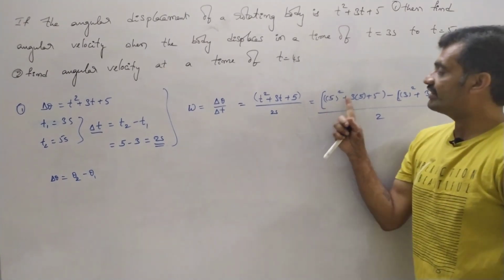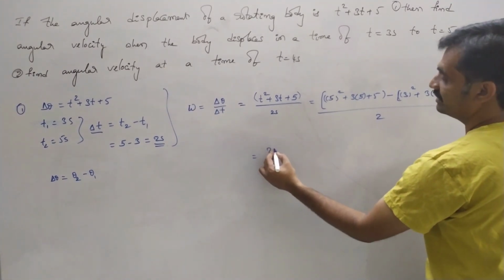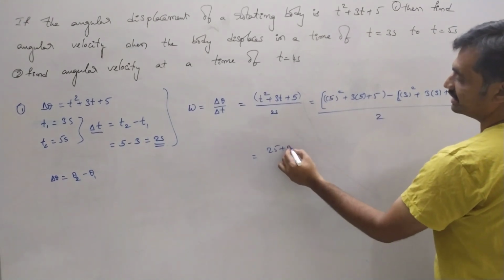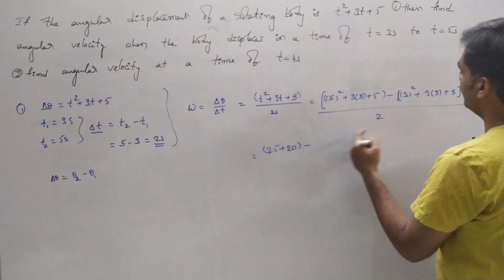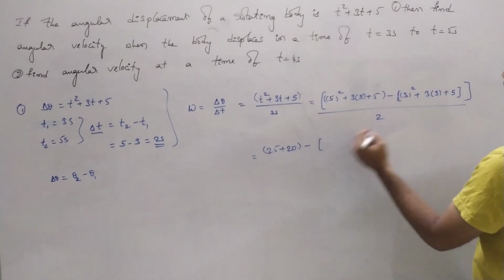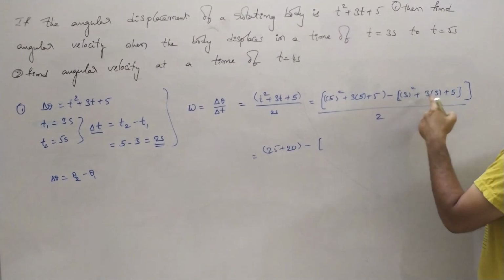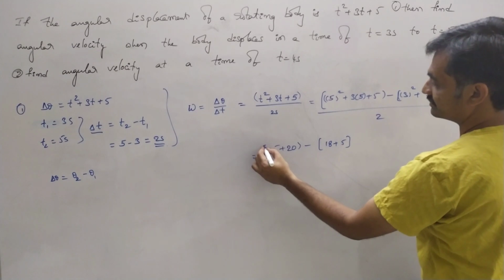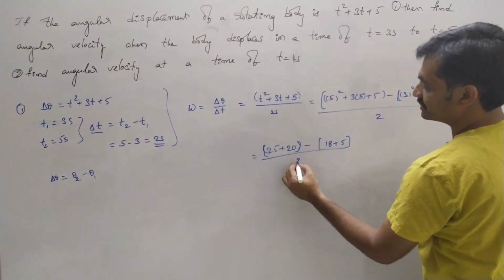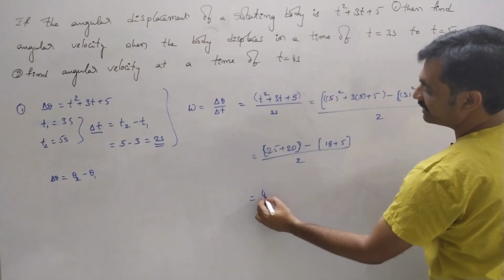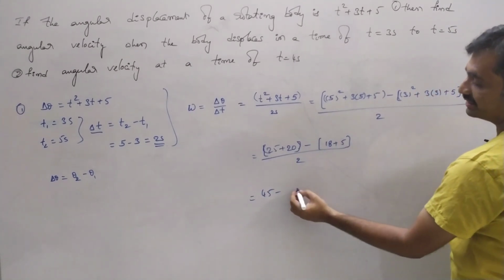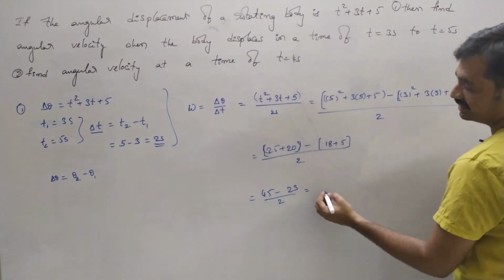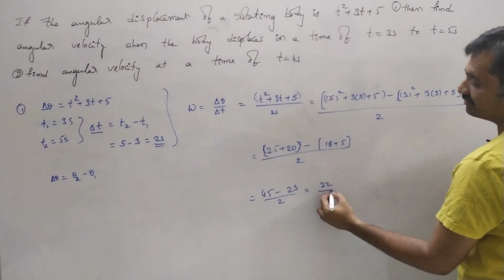Observe that 5 square is 25, plus 3 into 5 is 15, 15 plus 5 is 20; minus 3 square is 9, 9 plus 9 is 18, 18 plus 5 is 23, by 2. 25 plus 20 is 45, minus 23, gives 22 by 2.